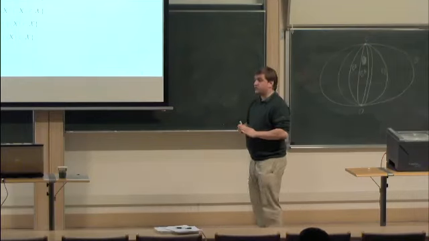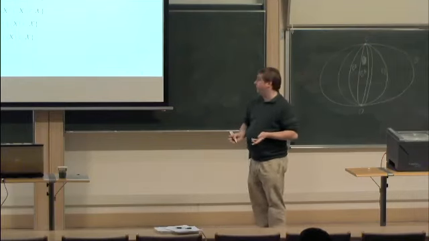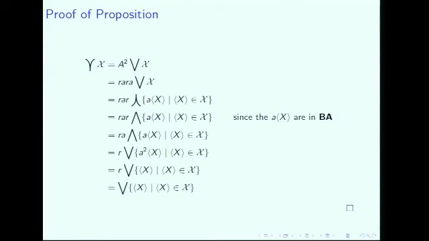Then with the infinite smash, the reduction doesn't do anything, so we can get rid of that for the next line. Then we can bring A through the infinite smash again to get R of the wedge of these A squared of x's.